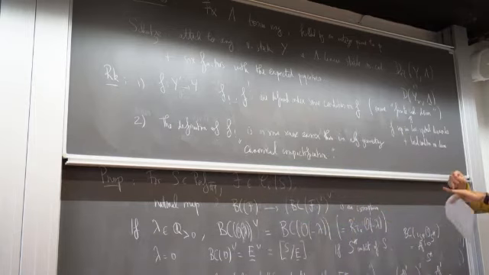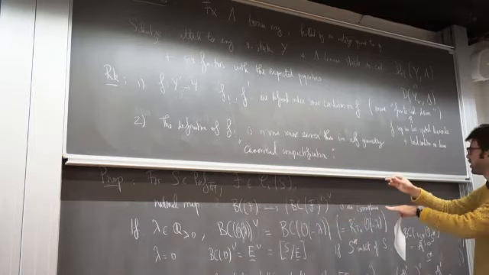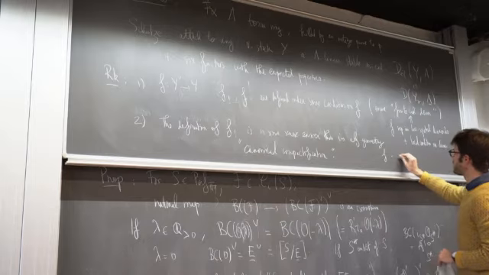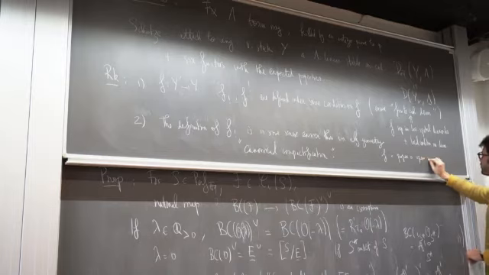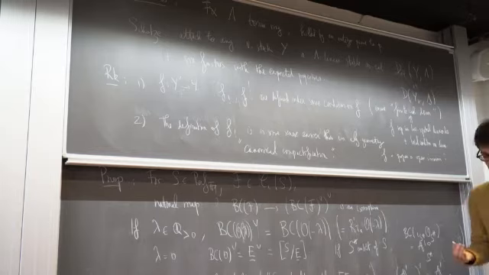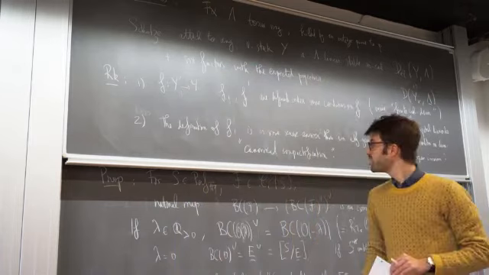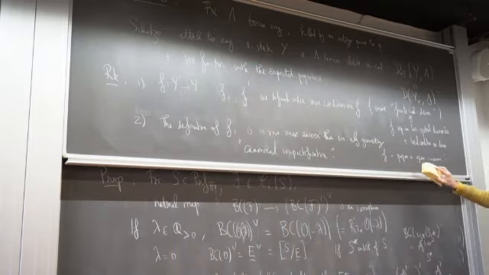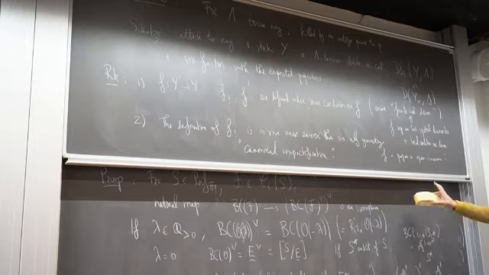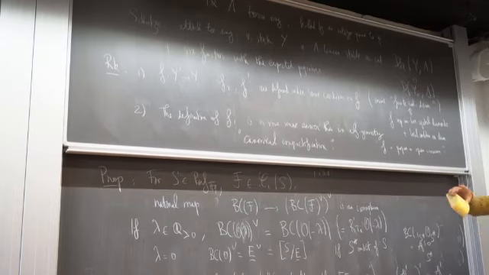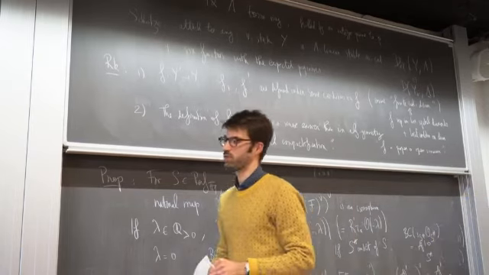To define f shriek, at least let's say f is quasi-compact, you'd like to write it as something proper composed with some open immersion. And the nice thing with p-adic spaces, which is again a phenomenon related to the existence of higher rank points, is that you can in fact obtain such a factorization, under some small assumption, in a canonical way. You don't need to make a choice and then verify that everything is independent of the choices you make.